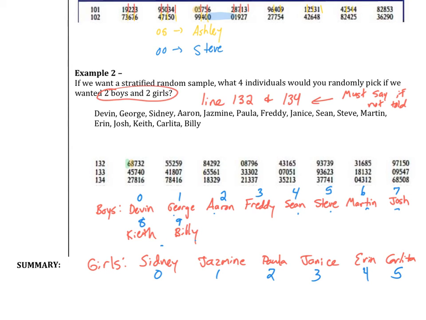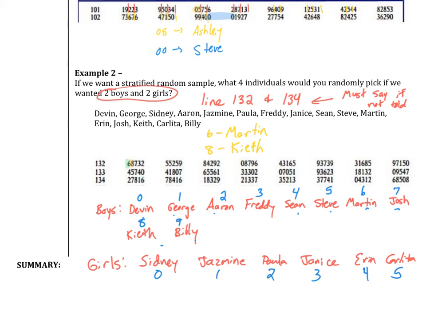So who would be the boys that would be picked? Well, 6 would be Martin and 8 would be Keith. As you see, picking 1 digit is much faster.